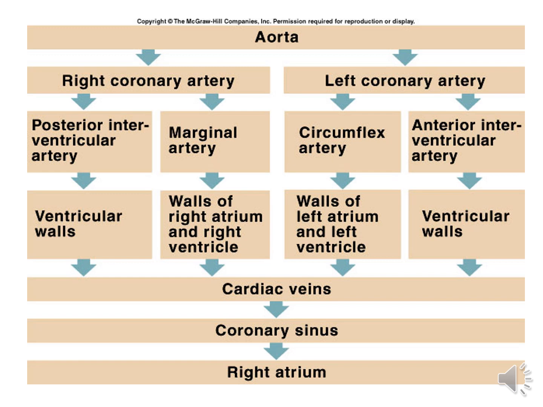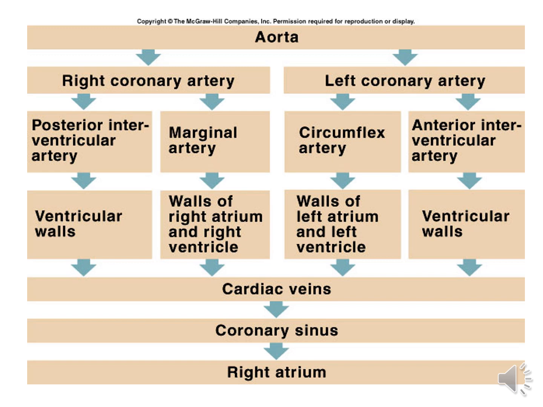The right coronary artery divides into the posterior interventricular artery, which gives ventricular branches to the ventricular walls, and the marginal artery, which supplies the wall of the right atrium and right ventricle.